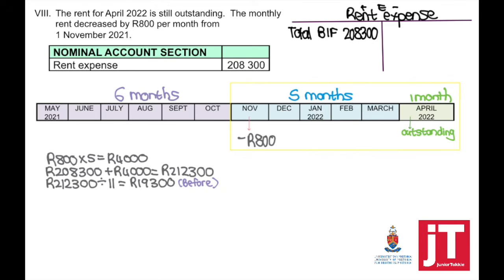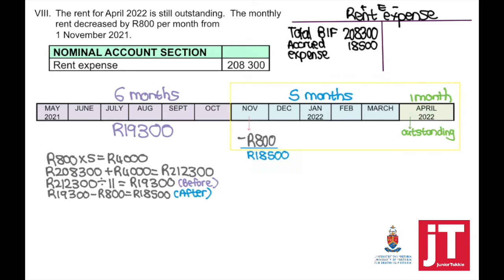So we can divide it by 11. This is before the decrease. To find out the amount now after the decrease, we're simply going to say 19,300 minus 800. Because this is still outstanding, this will be added to our rent expense.